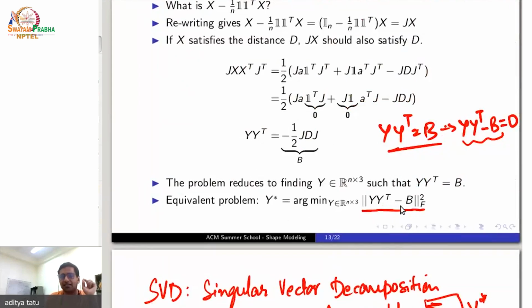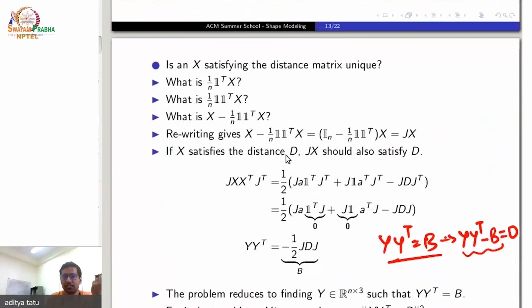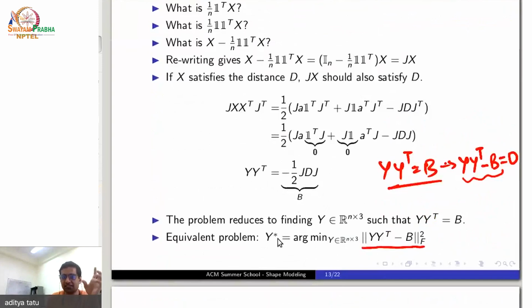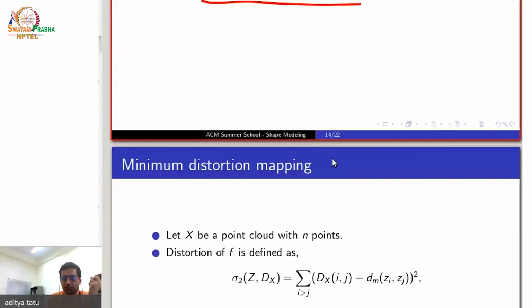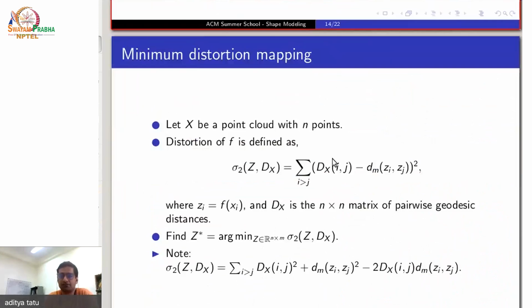It does not directly try to minimize the distances between the points Y that you have obtained and the distances which are originally given in the distance matrix D. There is no direct optimization that compares these two distances, straight line distances of points in Y with distances of the corresponding points given in the matrix D. There is no explicit comparison that's happening over here. So a more direct approach to this is what is called a minimum distortion mapping.